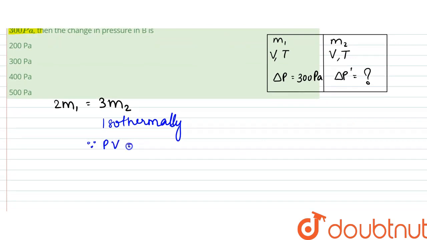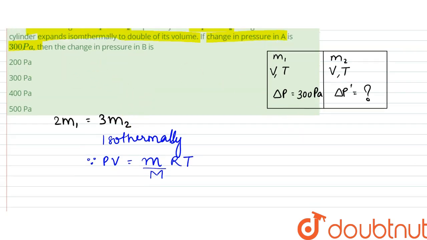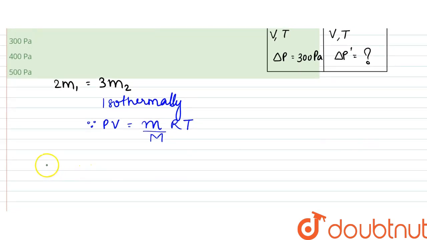our ideal gas equation, that is PV equals M by M R T. So in this first one, that is P1 V equals the mass.